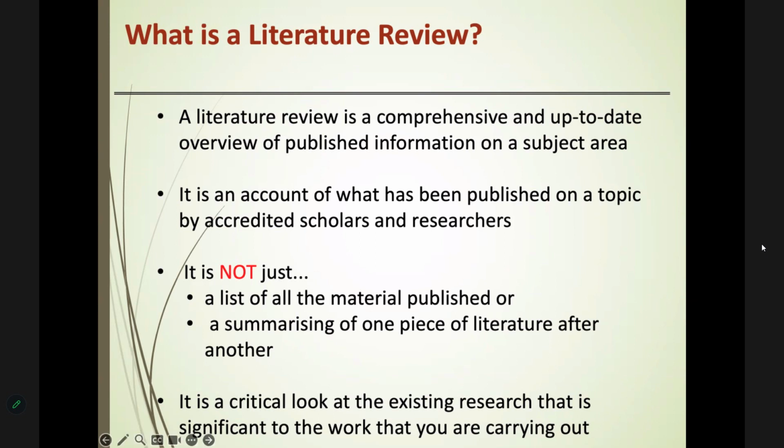And it is an account of what has been published on a topic by accredited scholars and researchers. This is one of the important points, because as I mentioned earlier, you don't just Google it and get any source. You have to make sure whether the article is published by recognized publishers or is recognized material.